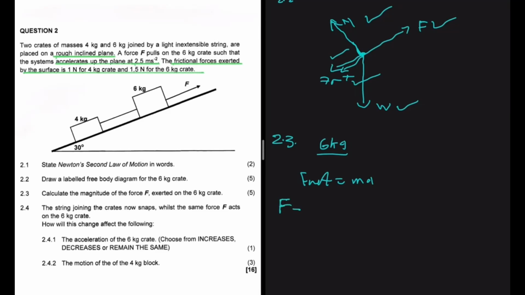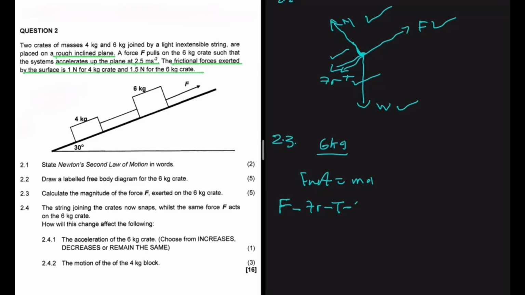And then subtract all the forces that are opposing the motion. Frictional force is opposing the motion, and then tension force is opposing the motion with regards to the 6 kg block. And then another force which you might miss is FG parallel, right? Because the weight has a parallel component which is pulling the 6 kg object down.